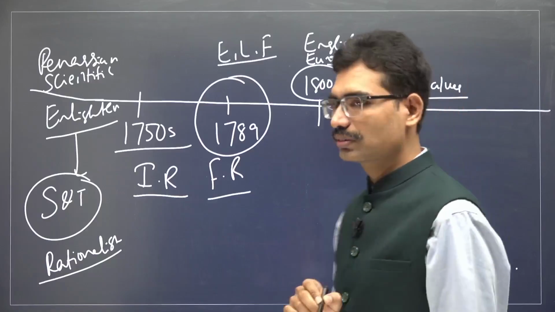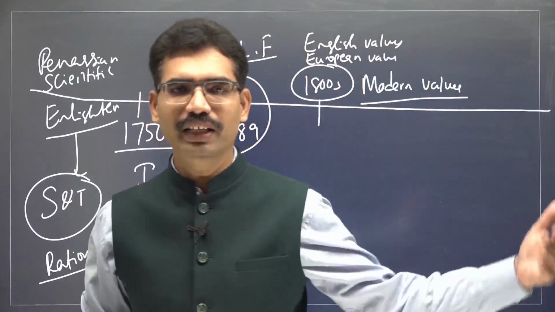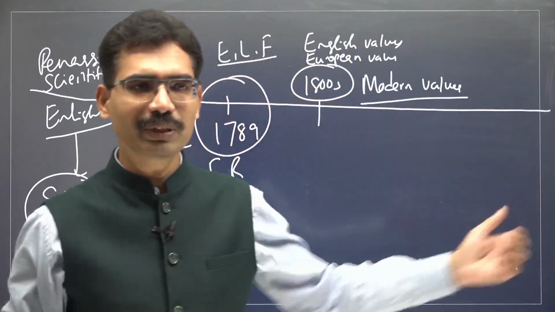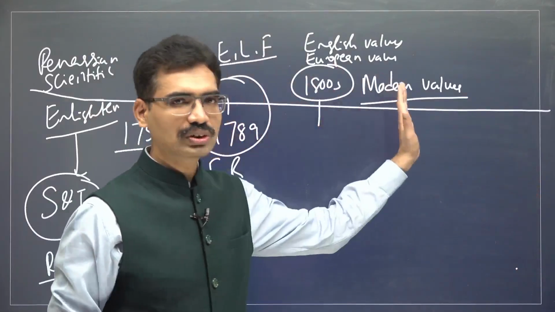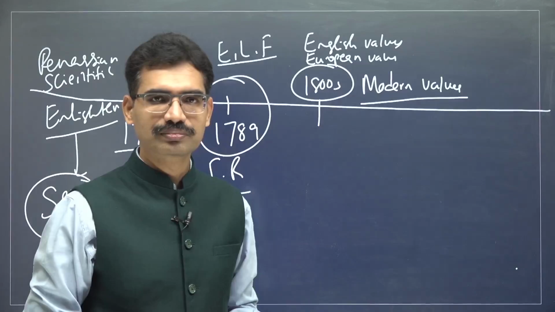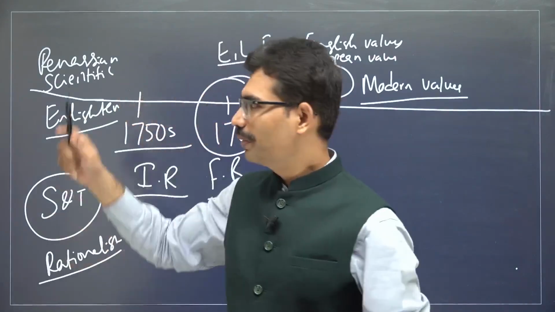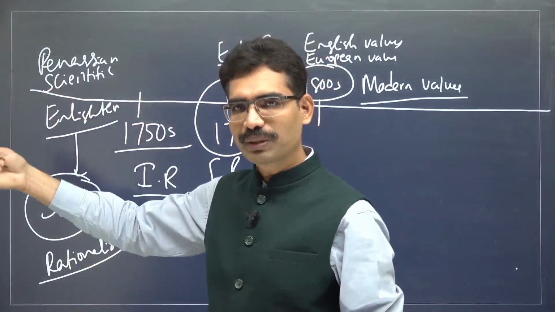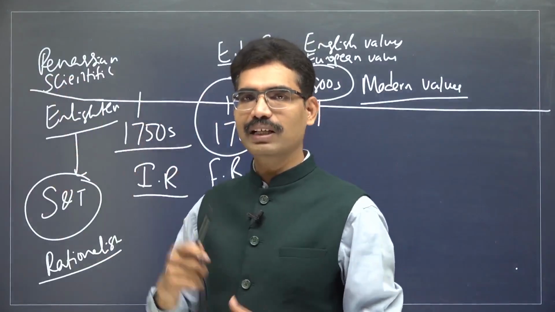Modern values. When it comes to India, China, Persia, the Arabic world, they are considering those values as medieval values. In Europe also medieval values were there, but European people came out of that medieval mindset.